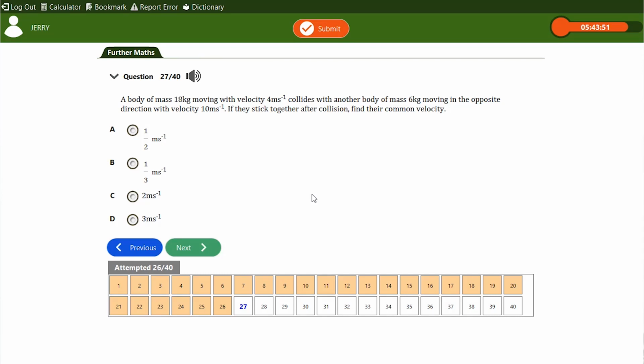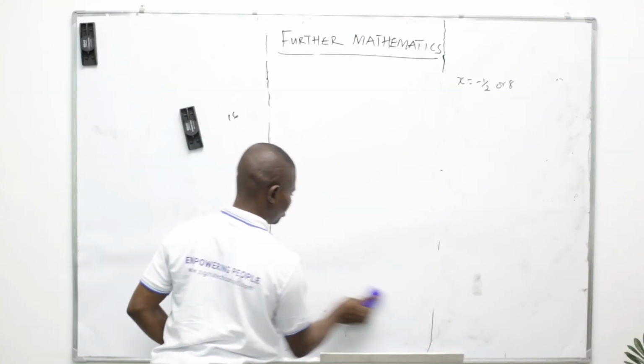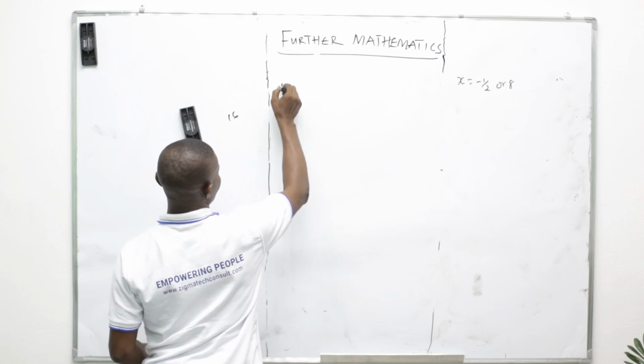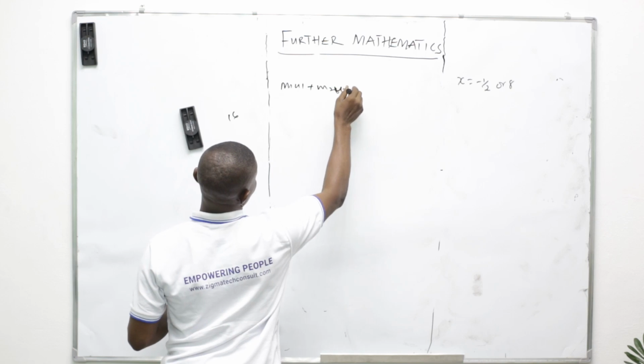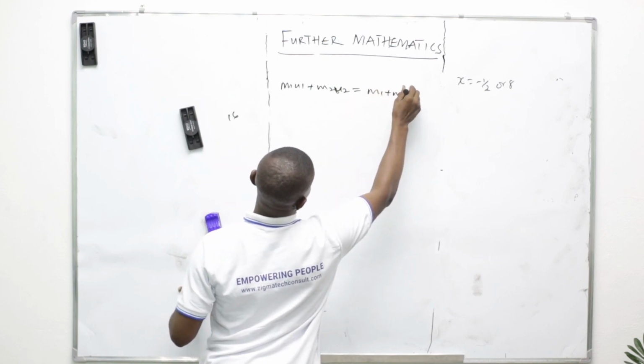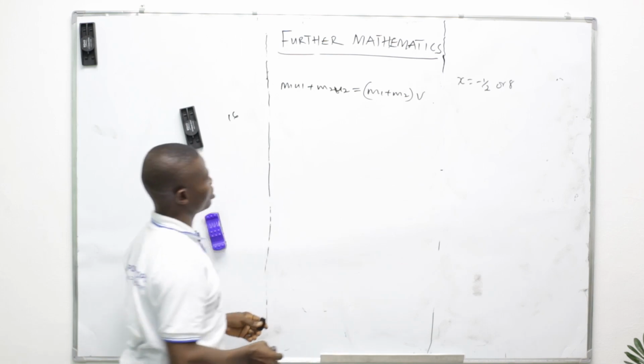A body of mass 18 kg moving with velocity 4 meters per second collides with another body of... okay, this is pure physics. Now we have to go back to our physics. So, you know that in momentum, thinking about collision theory, we are aware that m1 u1 plus m2 u2 equals m1 plus m2 multiplied by common velocity.